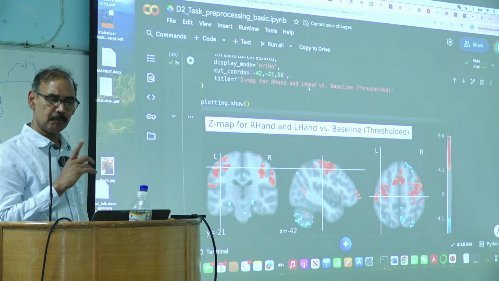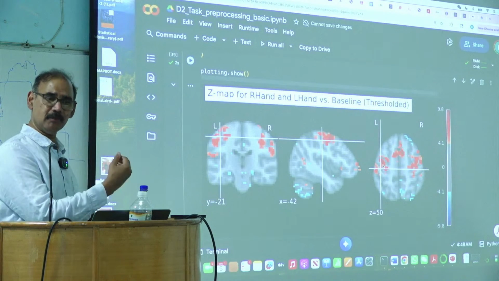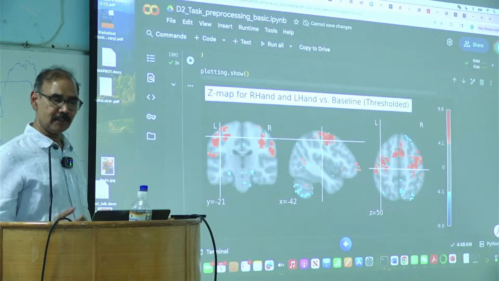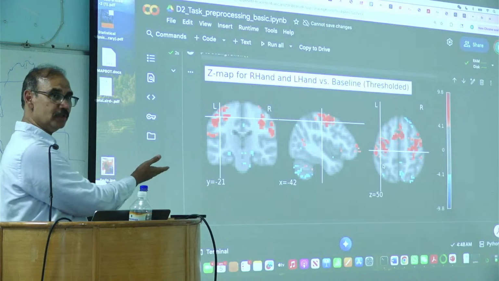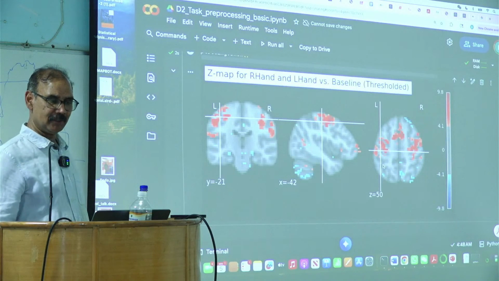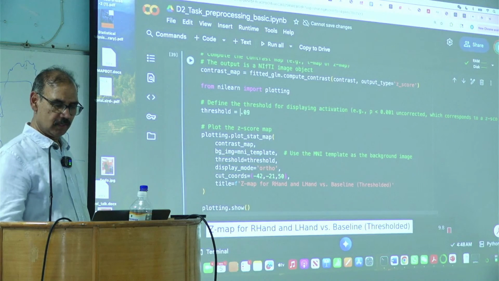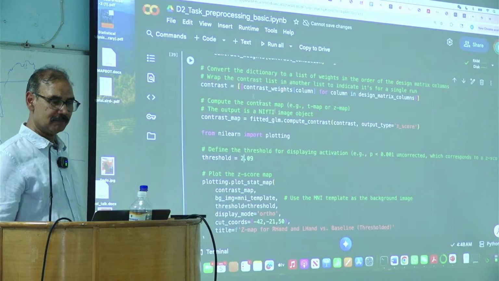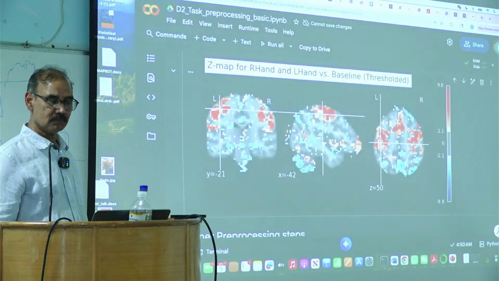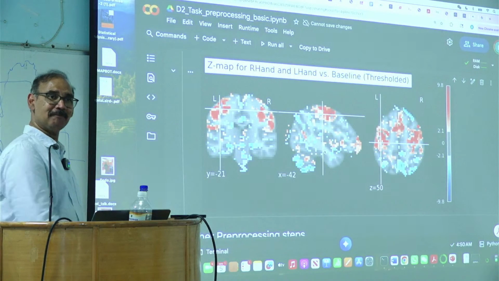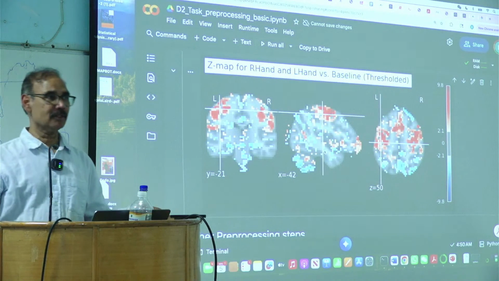Why do you say contrast? This is all activation. Red is positive, blue is negative, right? So this one looks good, right? Very distinct ones. And if I used, let's say, 2, so much more red voxel, so much more blue voxel.